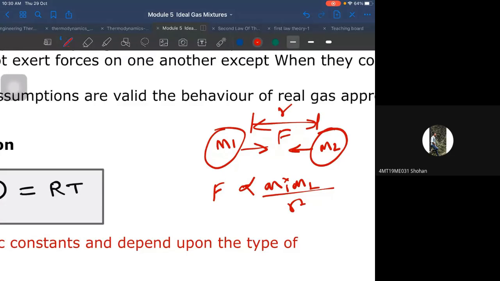So according to Newton's law of gravitation, any two masses, any two objects which have a mass, will definitely experience a force of attraction between them. But when you come to the kinetic theory of gases, the molecules of a gas, whether they have a mass or not.